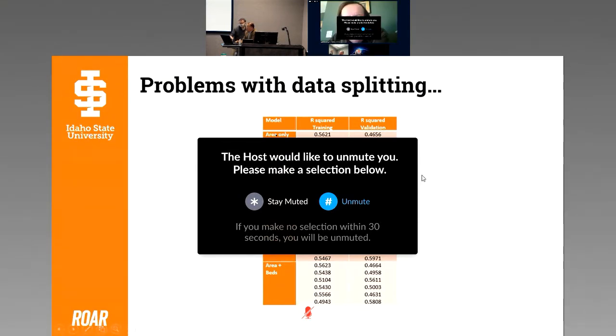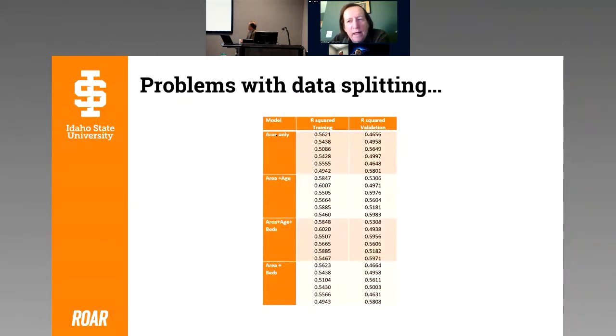So anyway, if we look at this first top group here, and they all have the same pattern, what you find is there's something kind of funny about data splitting that Ken Aho and I are looking at. If you look at the R squared for the training set and the R squared for the validation set, intuition would tell you that you should get a smaller R squared for the validation set because the data was optimized to the training set.